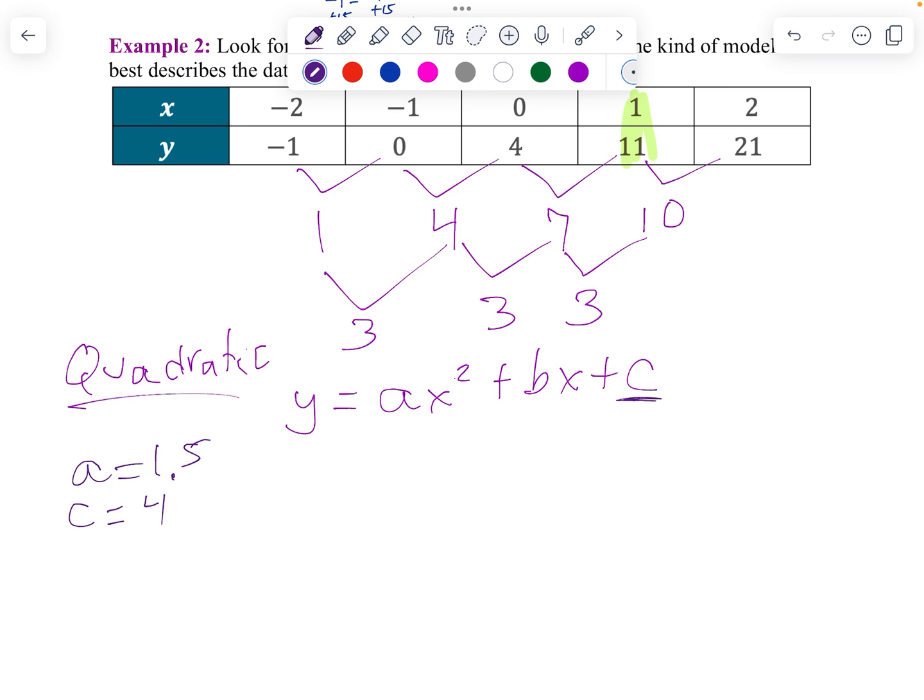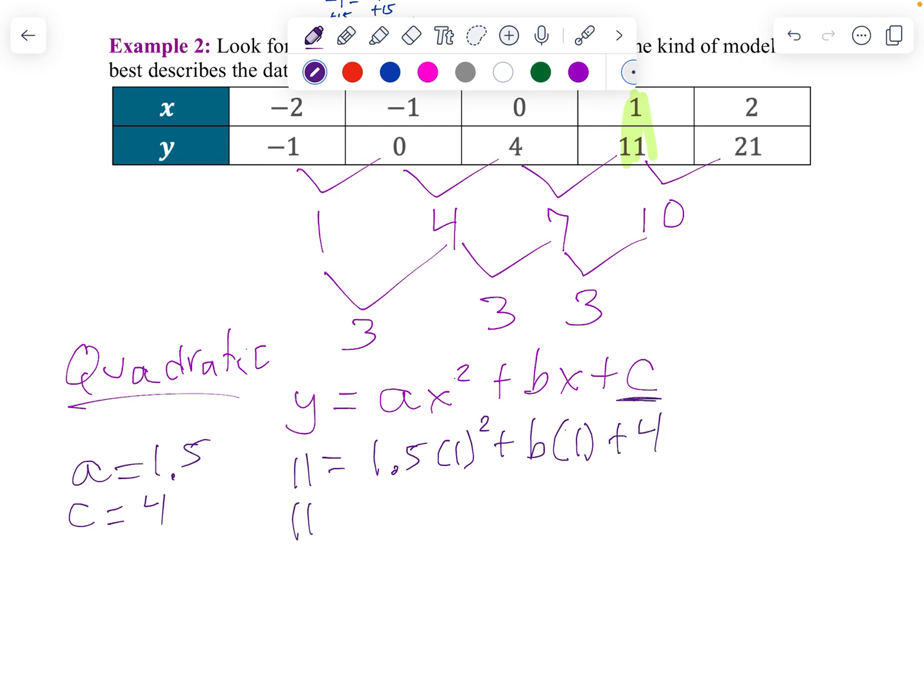So now I'm going to replace y with 11, a with 1.5, and x is 1. I don't know b. That's what I'm really looking for. I'm going to multiply it by the same x, and I know c is 4.